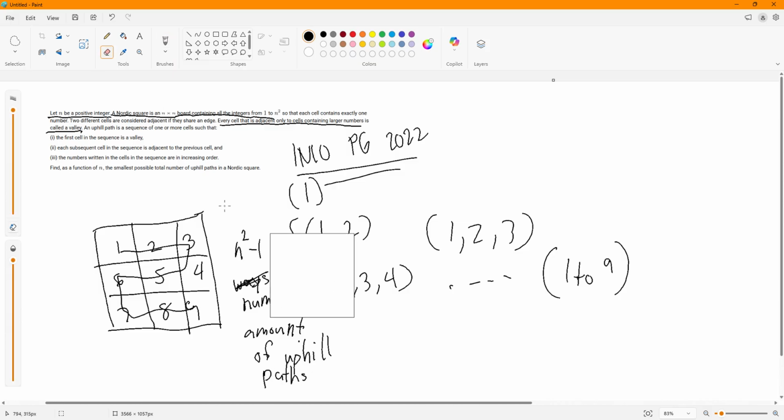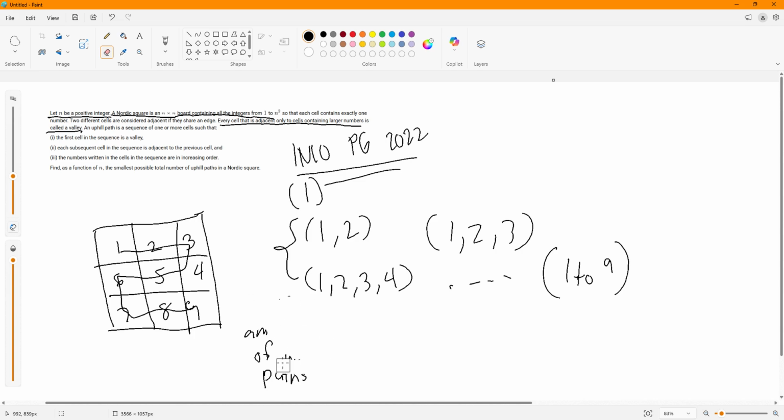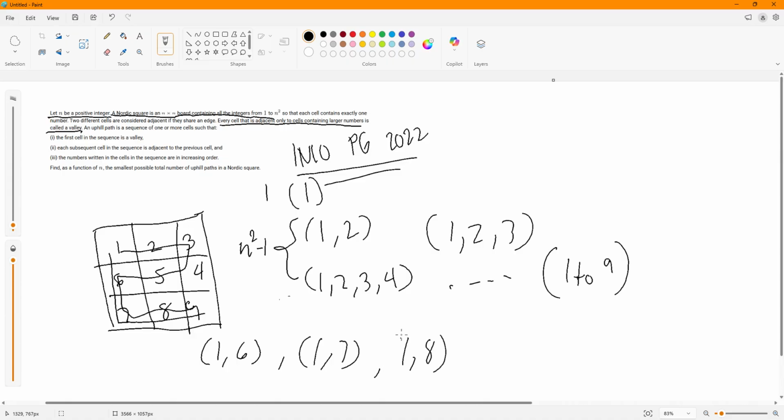But there's another way actually. There's another way, and that is by this. Right now, actually, this only: 1, 6, 1, 7, 1, 8, 1, 9.